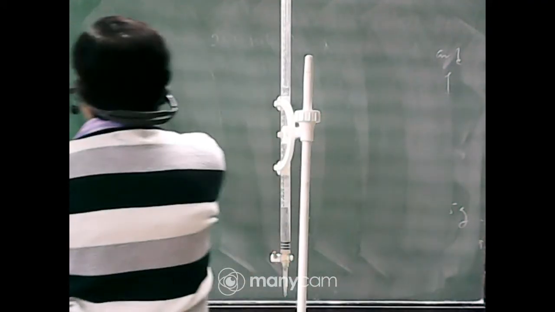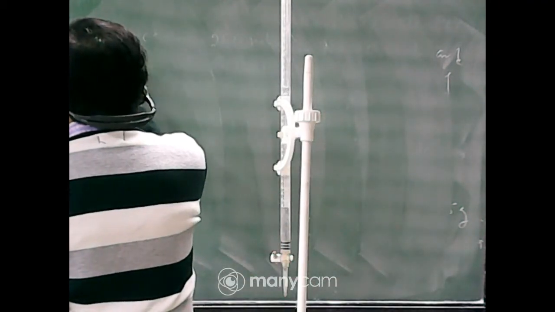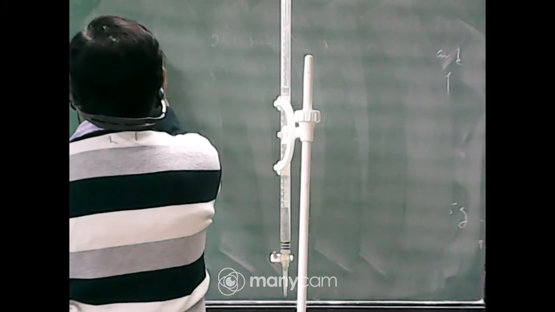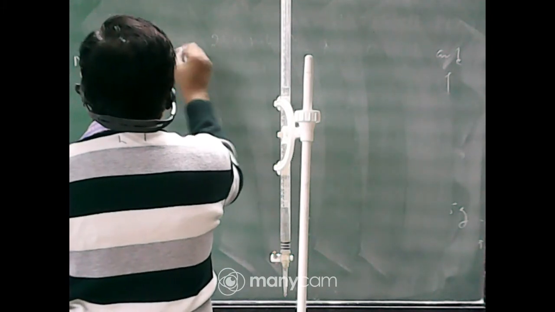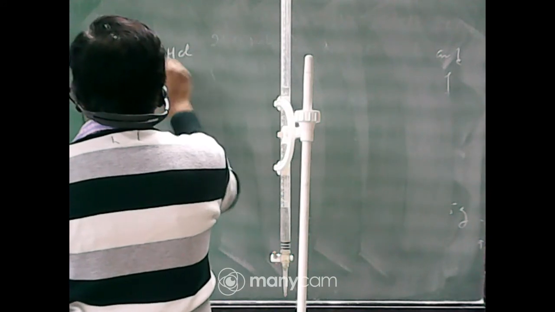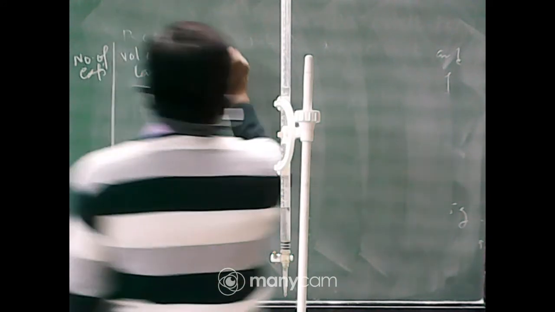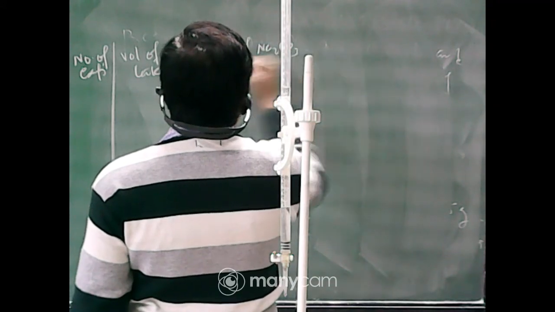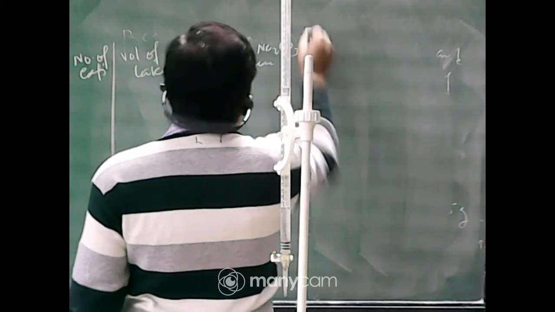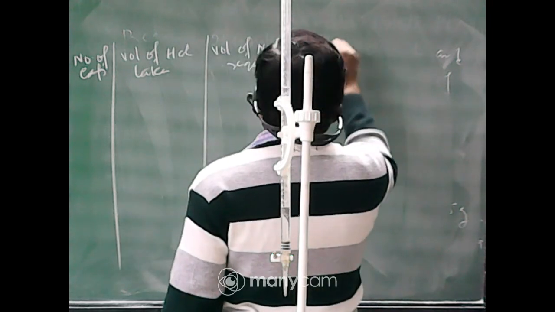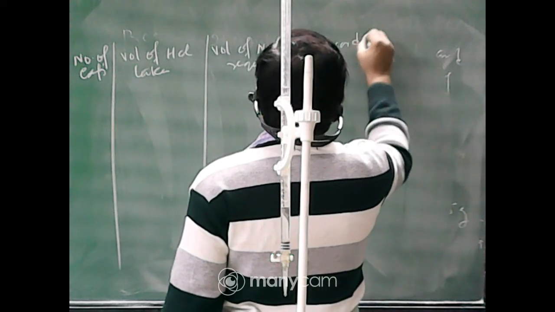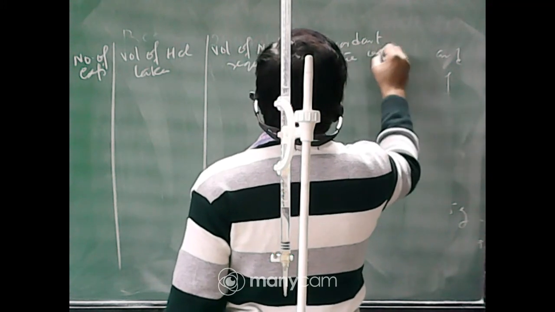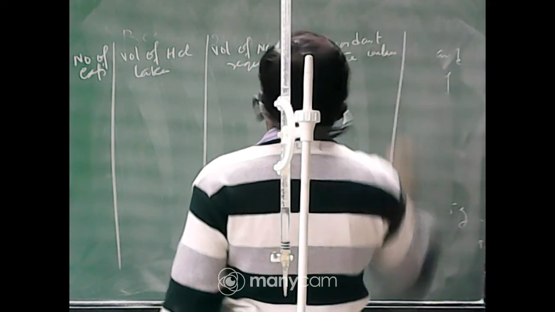So you make a tabular form like the previous class. First you write number of experiment, volume of HCl taken, volume of Na2CO3 required, concordant titre value.